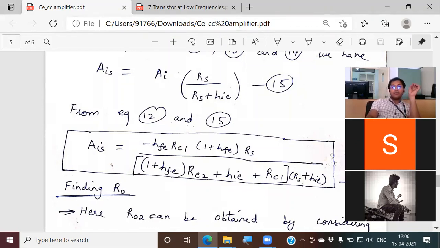Soumya, completed? No, sir. Do you have all the values, HFE, RC1, RS? Yes, sir. Please substitute, just substitution, okay?